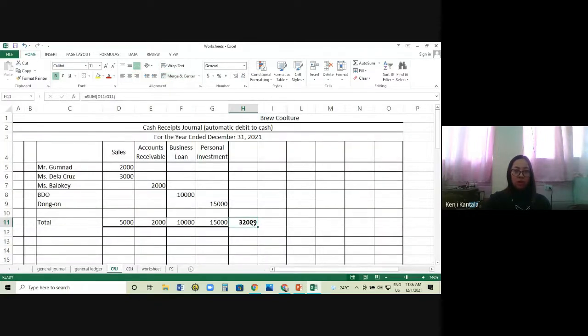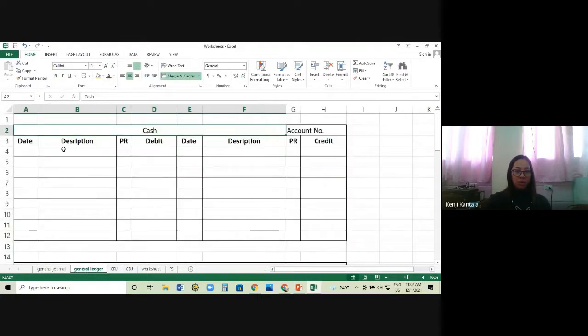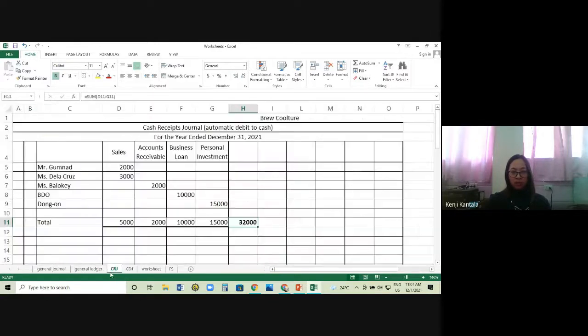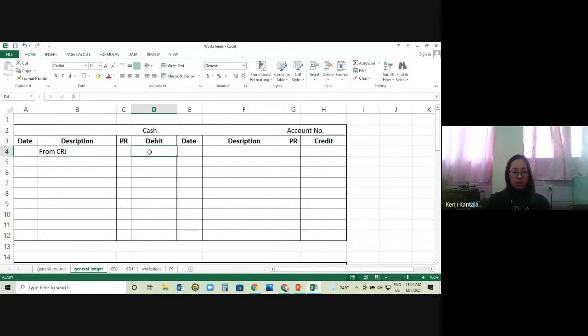You can actually put this total already sa first line natin. So, lagay natin from sa description natin from CRJ. Pwedeng ilagay na natin yung total that is at 32,000 pesos. Ganyan. So, pwedeng ganyan siya na ilalagay mo na yung total.